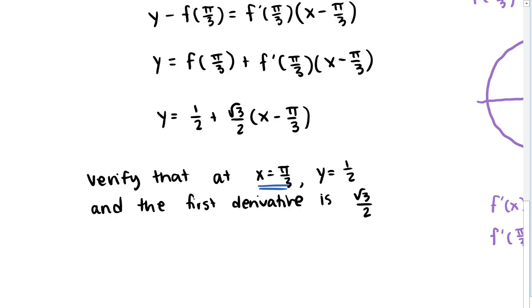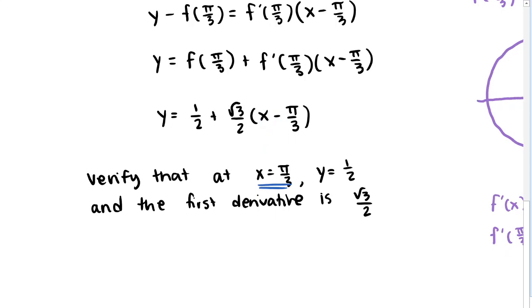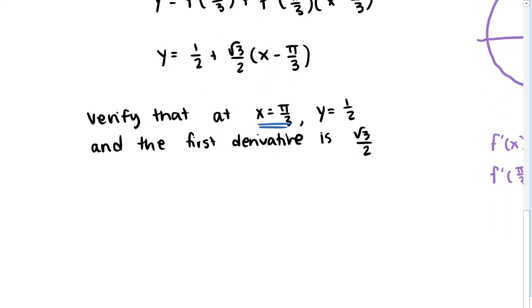Well, if we imagine plugging in pi over 3 into this x value here, what do we get out? Well, maybe I'll just write this down real quickly. Down below, we get y is equal to 1/2 plus the square root of 3 over 2 times, well, we're inputting x is equal to pi over 3. Well, pi over 3 minus pi over 3 is 0.